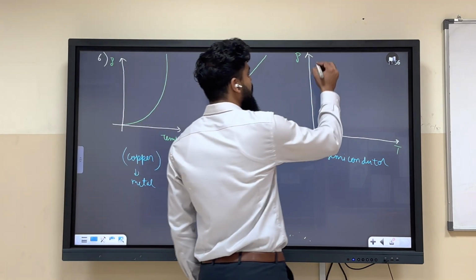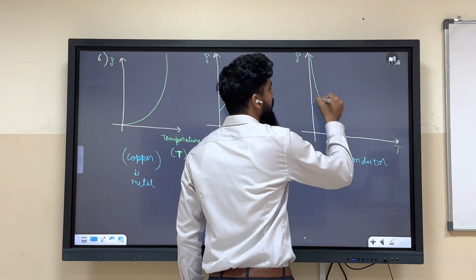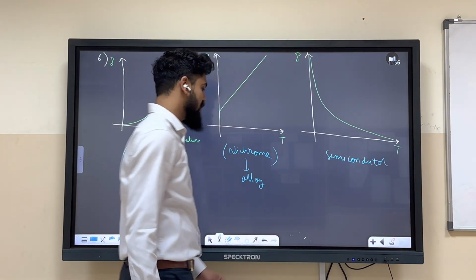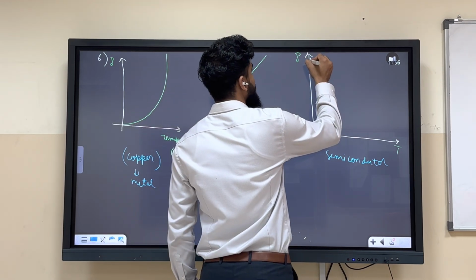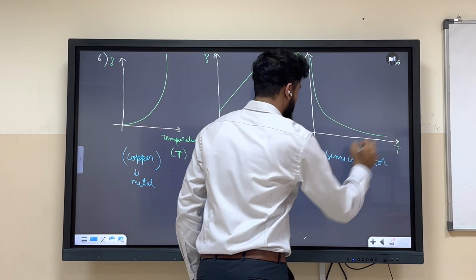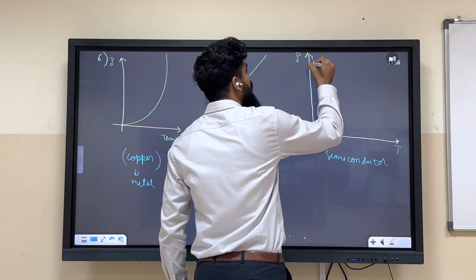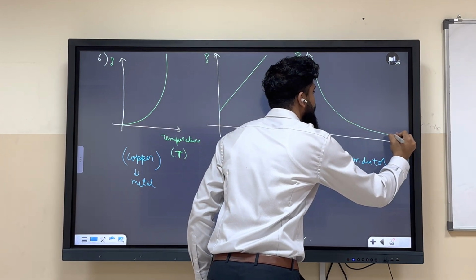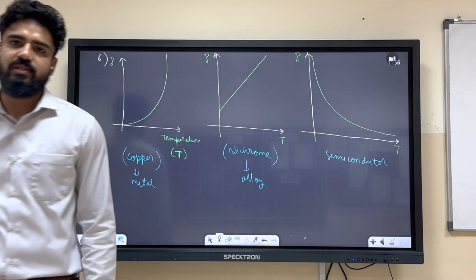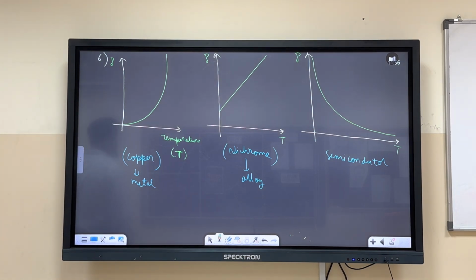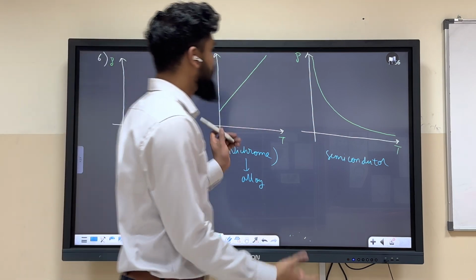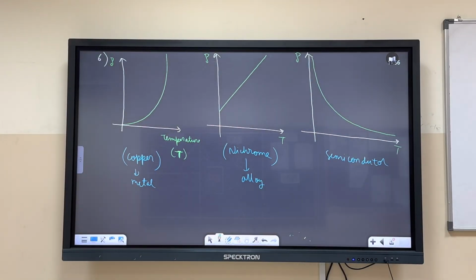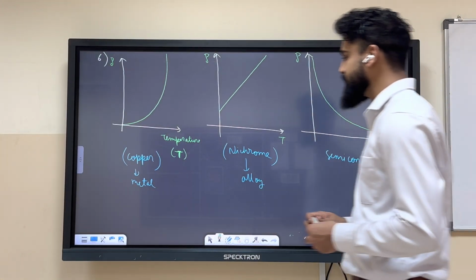Whereas in a semiconductor, yes, you are all correct, it decreases like this. So they ask in the half-yearly examination how you can draw the curve of resistivity versus temperature, how the resistivity is changing with temperature. I think this year too they might ask anything from these three graphs. So a very important thing. Okay.